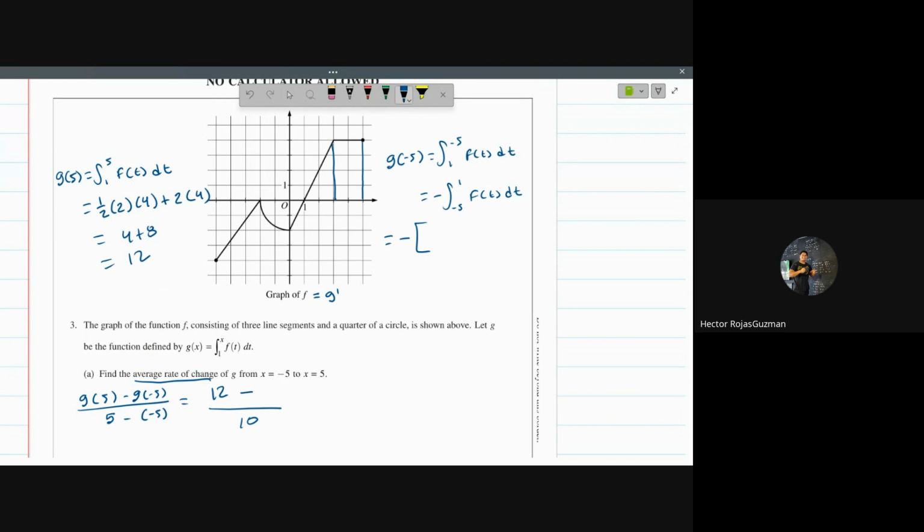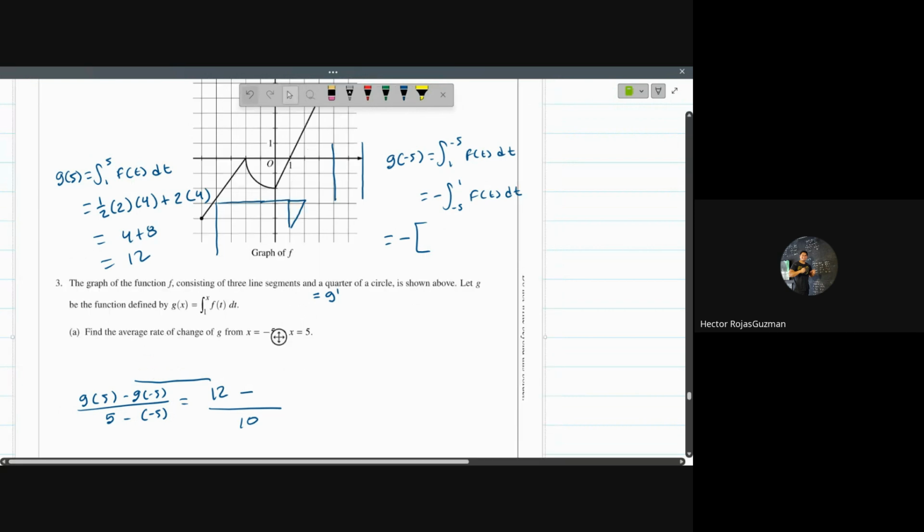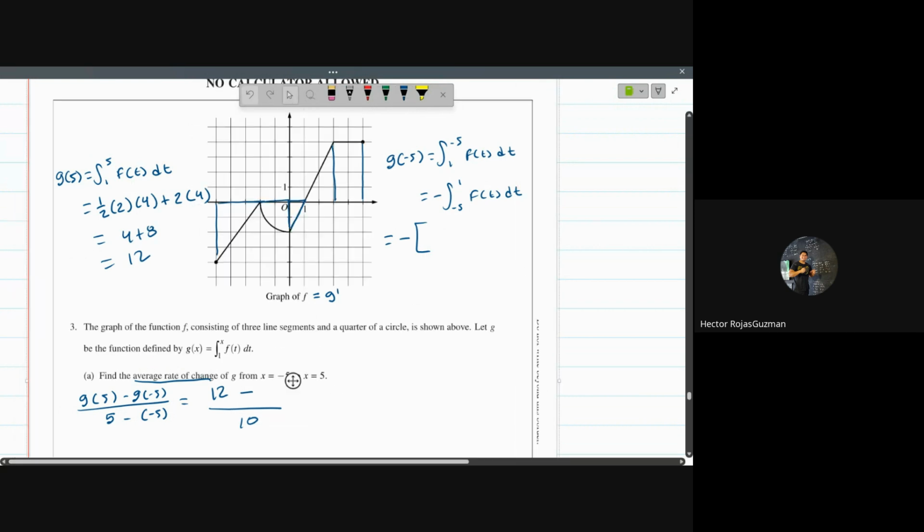So the integral itself is a triangle, a quarter circle, and then another triangle. So we have 1/2 base times height, 3 times 4. I'm going to go ahead and put -4, so that already takes care of the negative area.